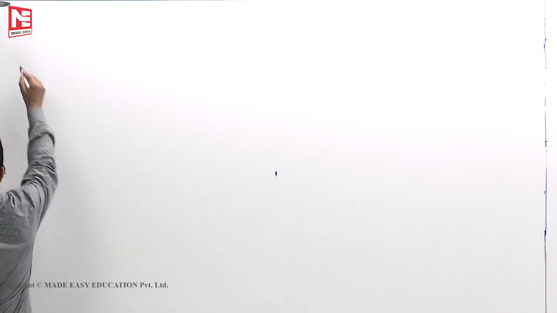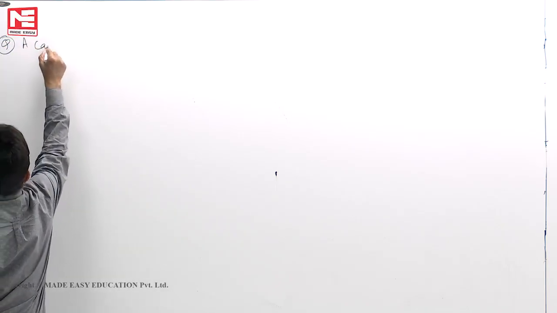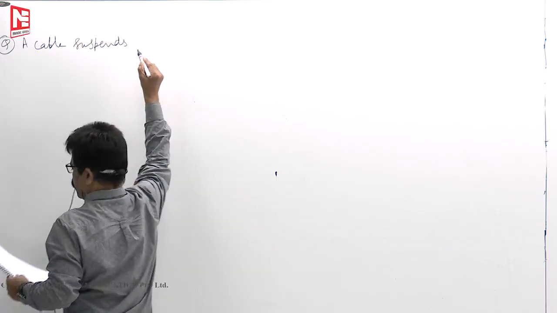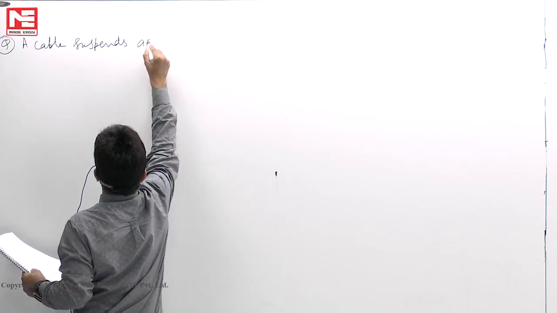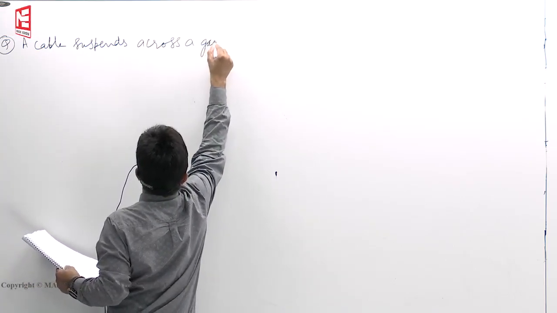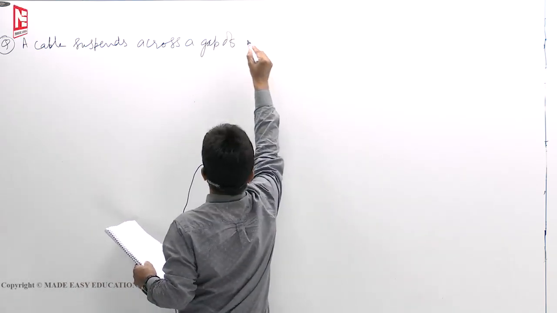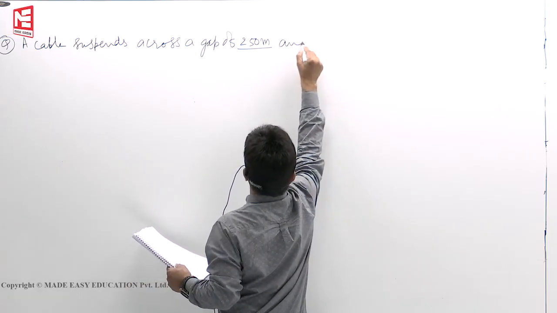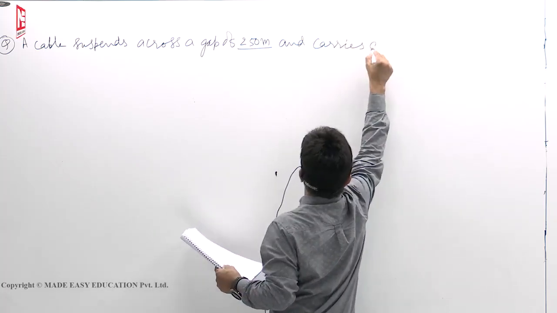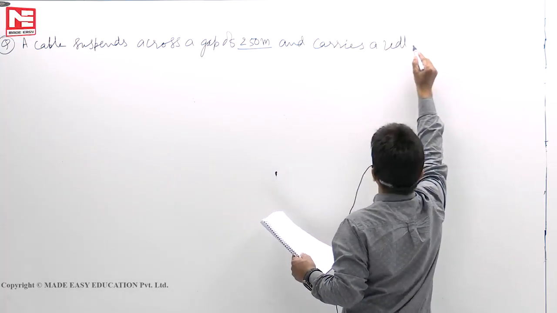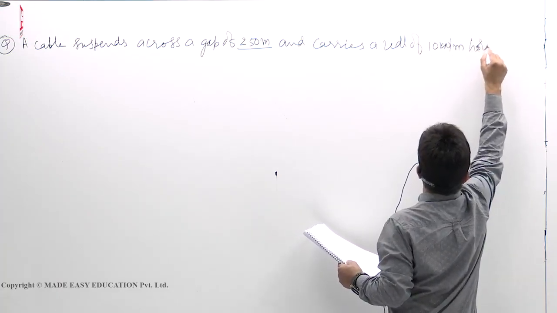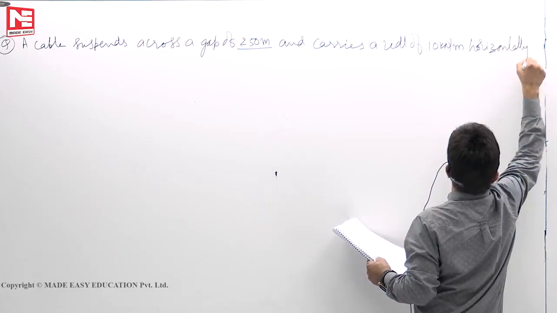Next one. A cable suspends across a gap of 250 meters and carries a UDL of 10 kilonewtons per meter horizontally.